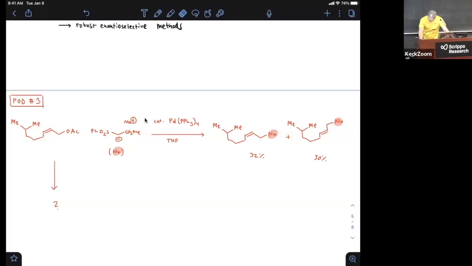It gives three products, the two that I've drawn here, as well as the branched product. So this is not a super selective process. And the question I want you to consider is, how do you explain generation of both the Z on the left and E substitution products based on the mechanism that we have discussed so far in class?